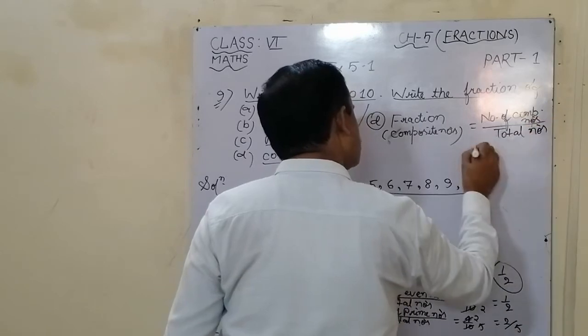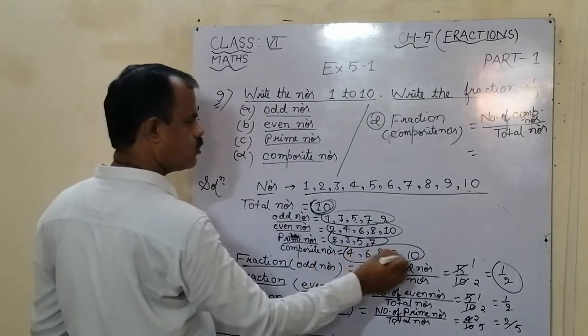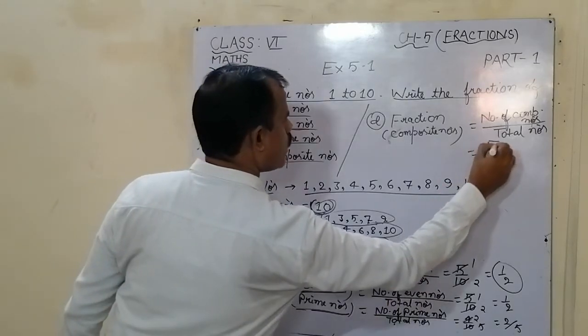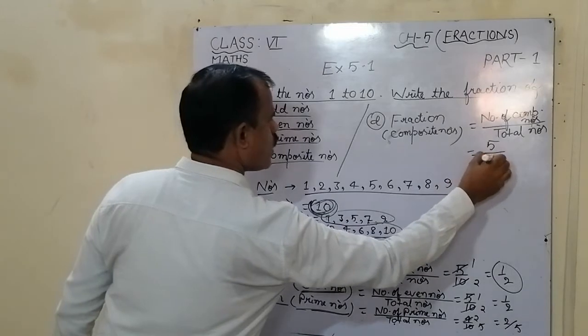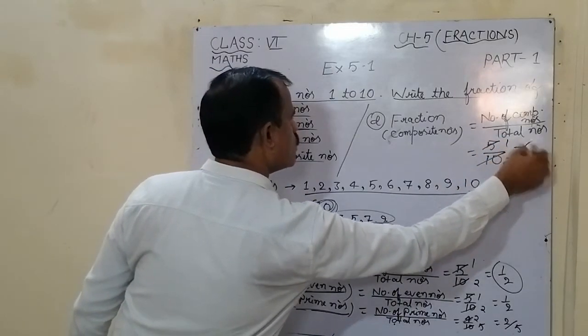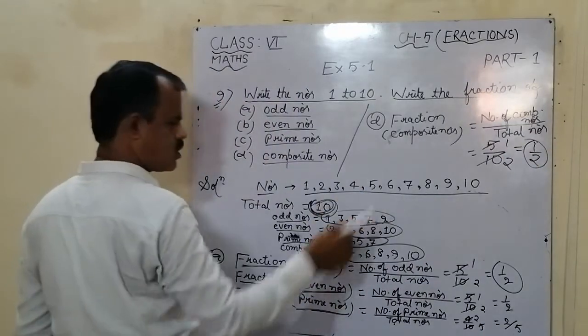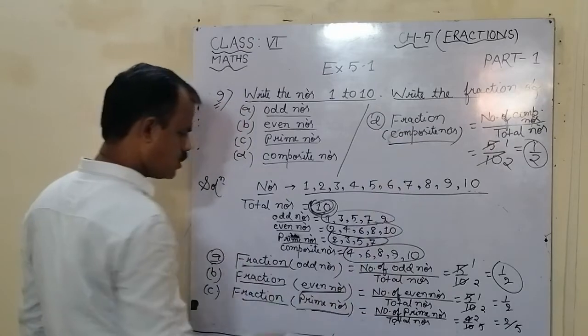So student, can you tell me how many composite numbers are there? 1, 2, 3, 4, 5. So we write here 5 upon, and total numbers is 10. So 5 by 10. 5 ones are 5, 5 twos are 10. 1 by 2. So this 1 by 2 represents the fraction of composite numbers.